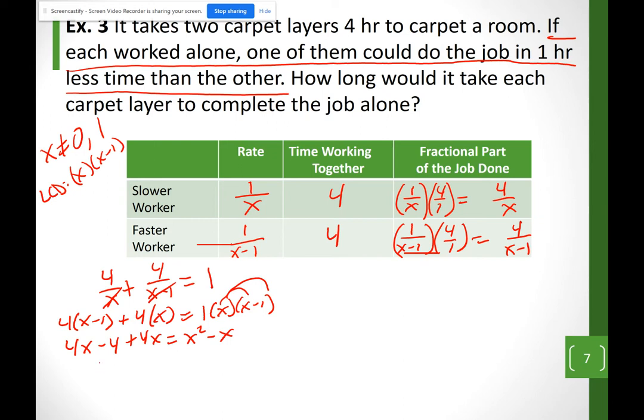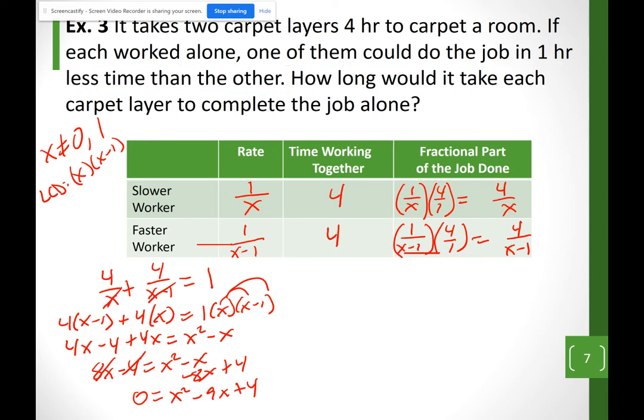So I have that 8X minus 4 equals X squared minus X. I'm going to move the 8X over, and the plus 4: 0 equals X squared minus 9X plus 4. If I wanted to do this by factoring, I cannot. So let's solve this using our quadratic formula.